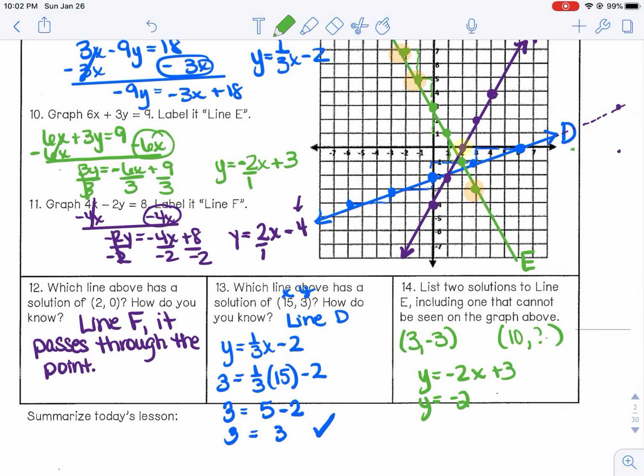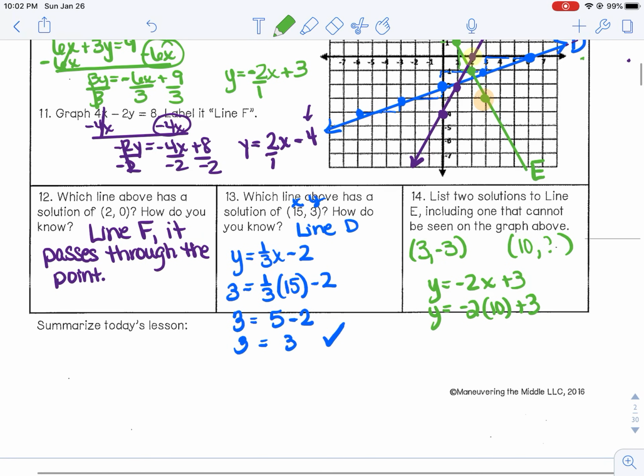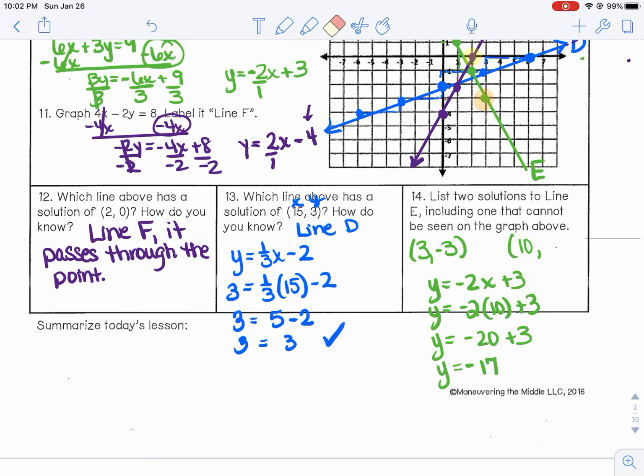So y equals -2 times 10 plus 3. And -2 times 10 is -20. Okay, plus 3. And if I were to calculate that, that's going to give me 17, and 20 is larger, so that's a -17. So I could put my answer up here, make that -17.